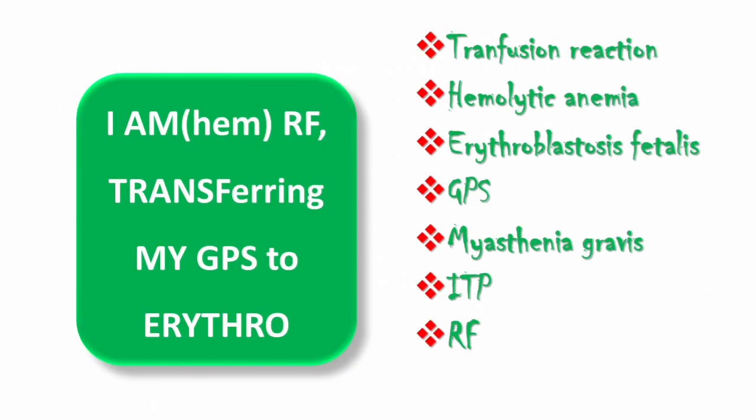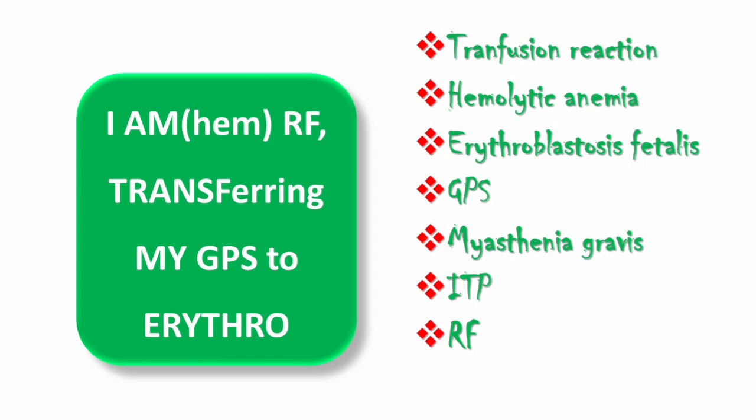Now how can we remember these examples? I am RF transferring my GPS to erythro. I am RF, which means myself RF. Here I for ITP and AM for hemolytic anemia. RF means rheumatic fever, transferring means transfusion reaction.